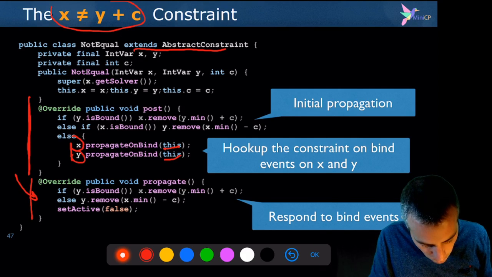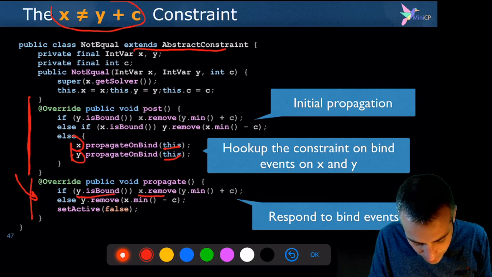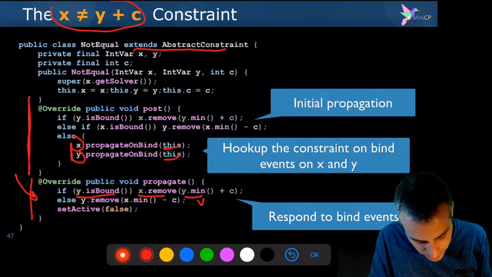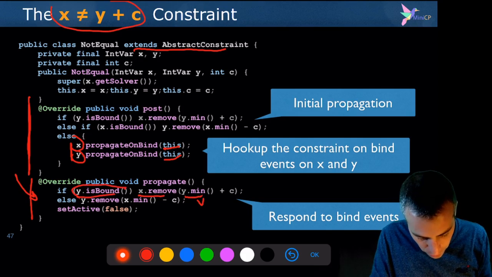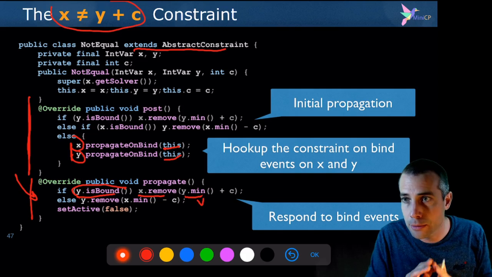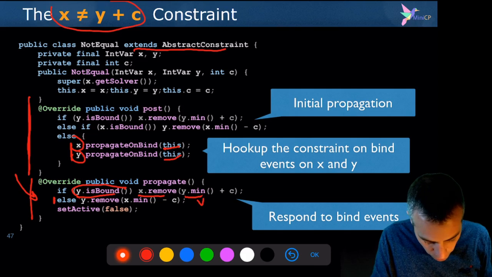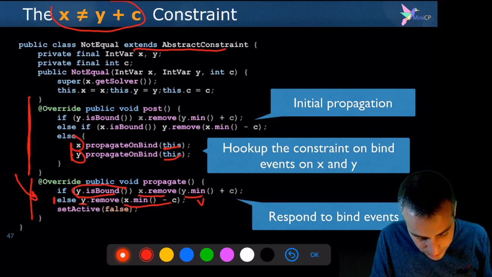If y is bound, you can safely remove from the domain of x the value that it has plus c. And we know that there is a single value since y is bound, so minimum is equal to maximum, which is the single value. Otherwise, when x is bound, you can remove from y the value x minus c.